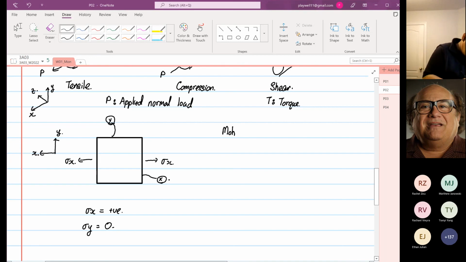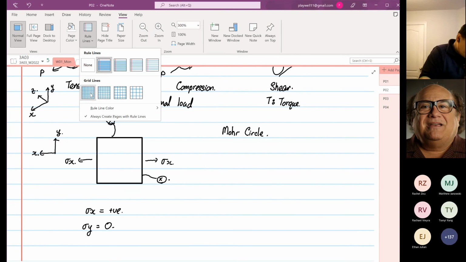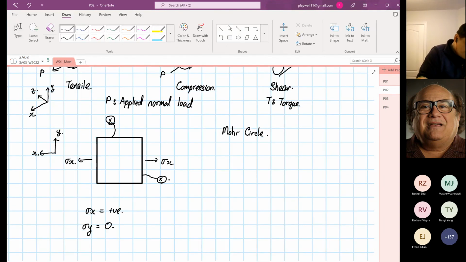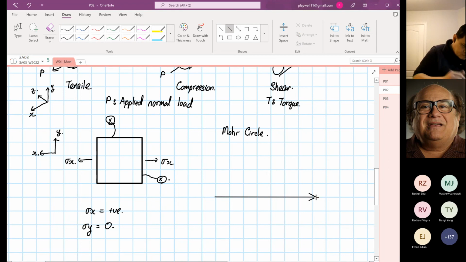A lot of you have just been through this with me in pre-CO3, and you may have just seen Mohr's circle. So we sketch out Mohr's circle with this. We have our normal stress, and then we have our shearing stress.